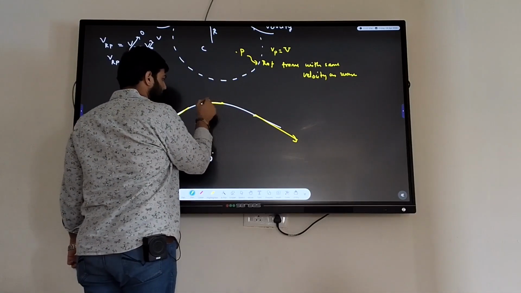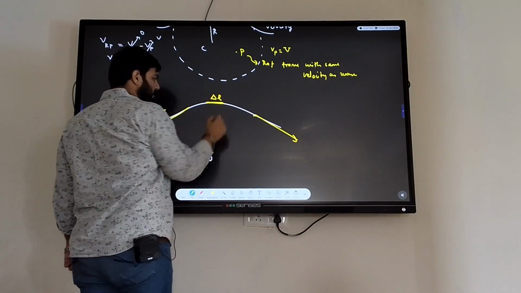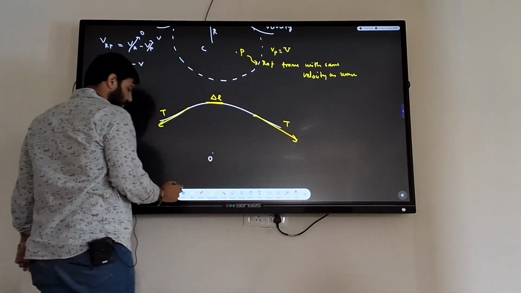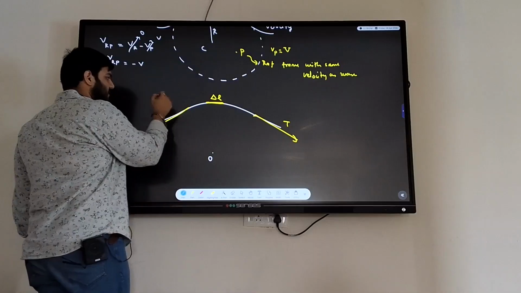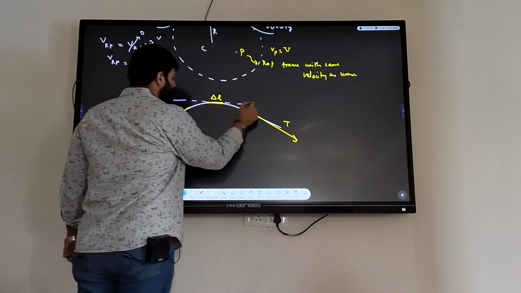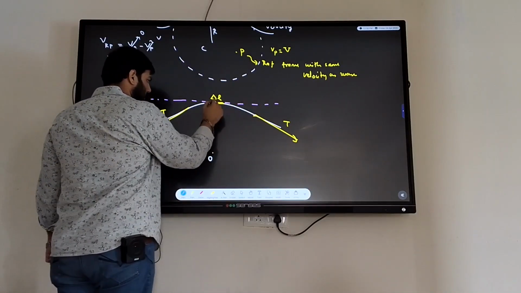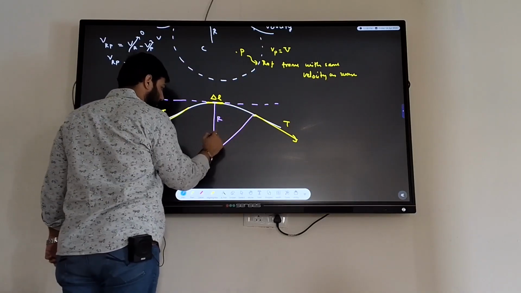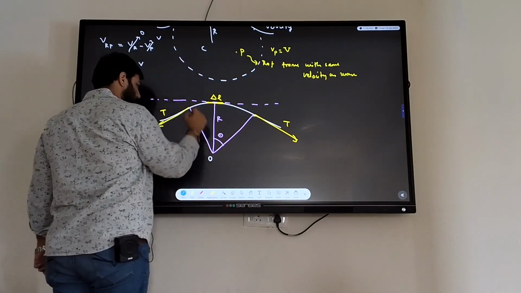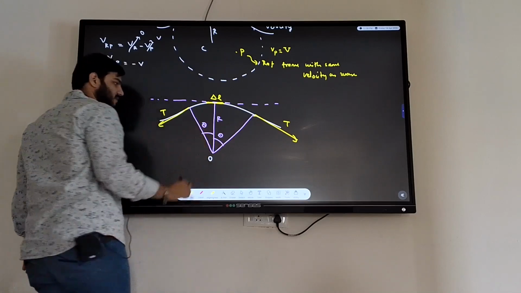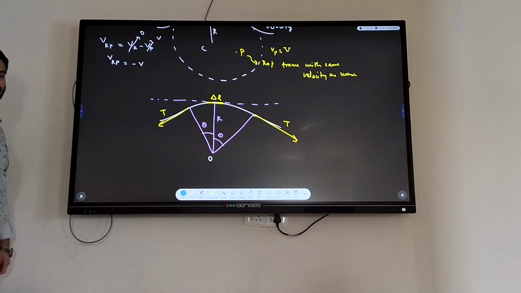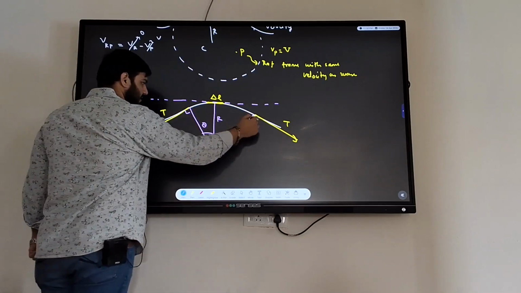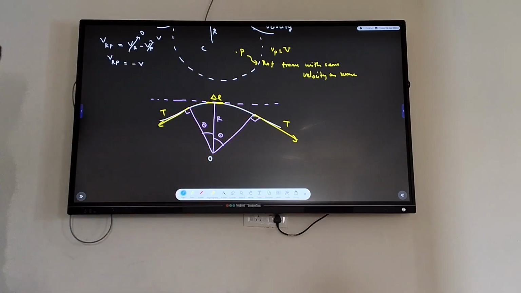If I take this to be my element, delta L, this is a tension T, and this will be a tension T, and let's say this is my horizontal. This is my R. Let's take the angle, this will be theta, and this is the same theta, symmetrically considered. This angle is 90 degrees, and this is also 90 degrees.